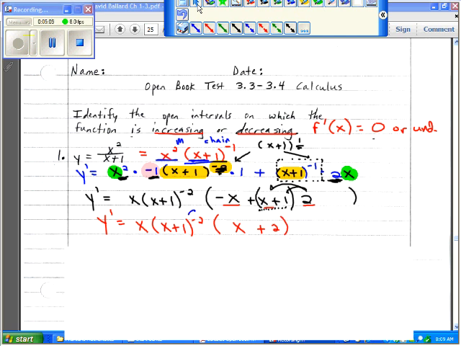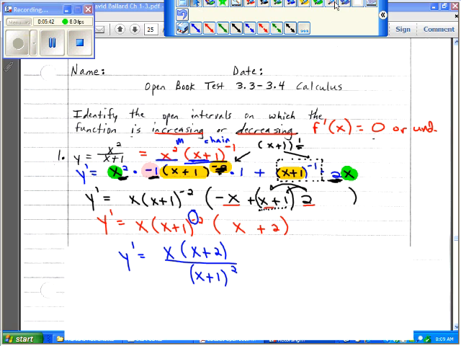Now, when we use the negative exponent to reciprocate, then we're going to have y prime is equal to, the x stays on top, the x plus 2 stays on top, and the x plus 1 raised to the second goes to the bottom because of the negative on the exponent. So there's the simplified version of the derivative. Now, we're looking for, what do we call those things?